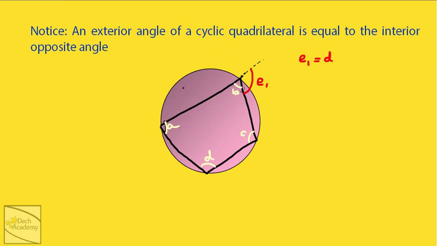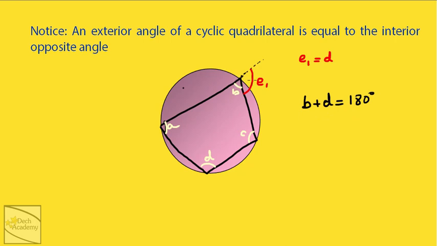And why would you believe that? Well, let's think about it. We have a cyclic quadrilateral inscribed within the circle, as you can see, and its interior angles are A, B, C, and D. And you know that the opposite angles of a cyclic quadrilateral are supplementary. So you know that B plus D is equal to 180 degrees. You know that for a fact. You also know that angles on a straight line add up to 180 degrees.